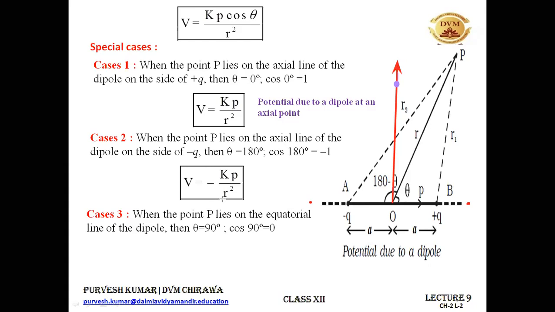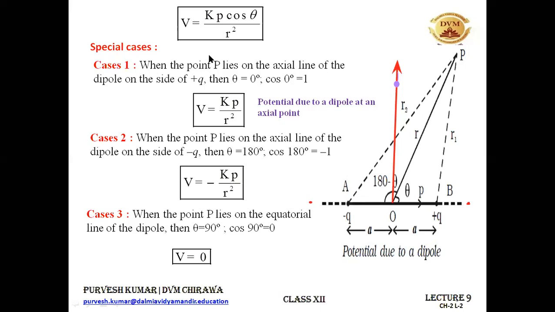Cos 90 is 0. The potential at this point, that is at the equatorial point, becomes equal to 0. Why so? Because cos 90 is 0. When you put 90 over here, the whole expression becomes 0.